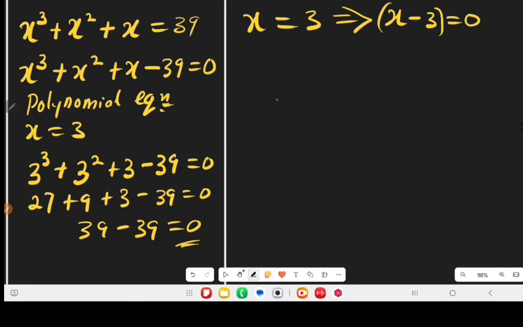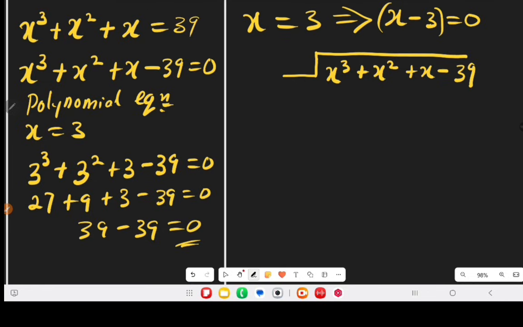This can be written as x minus 3 equal to 0, which is a factor. Then we have to write the original equation, which is x cubed plus x squared plus x minus 39. Then we put x minus 3 as divisor.